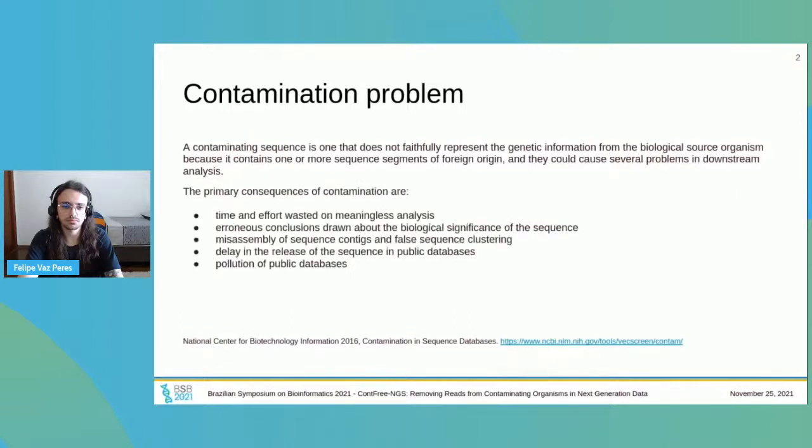The primary consequences of contamination are time and effort wasted on meaningless analysis, erroneous conclusions drawn about the biological significance of the sequence, disassembly of sequence contigs and false sequence clustering, delay in the release of the sequence in public databases, and the pollution of public databases.